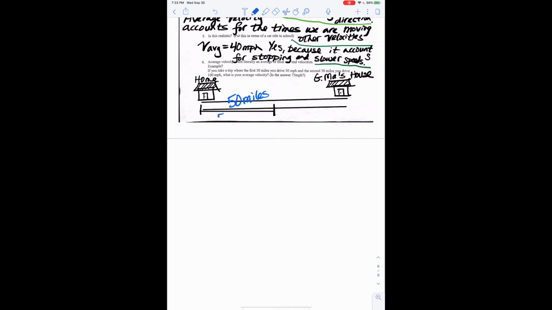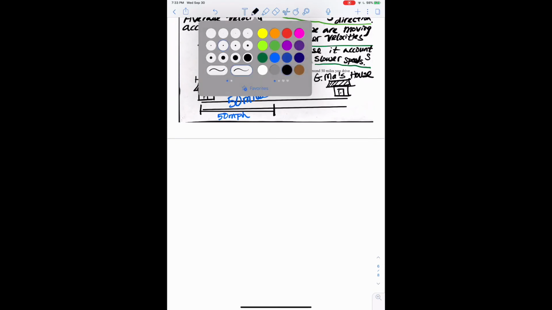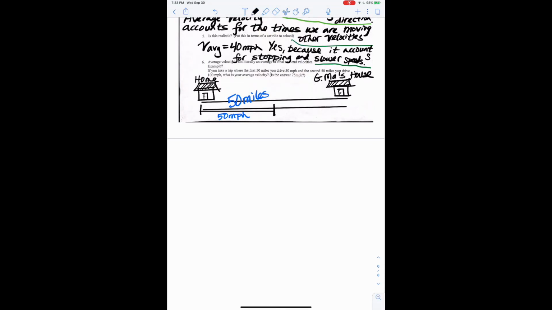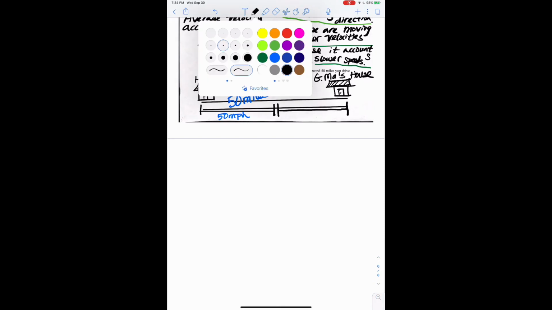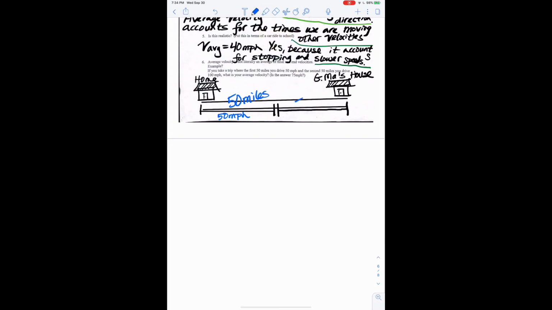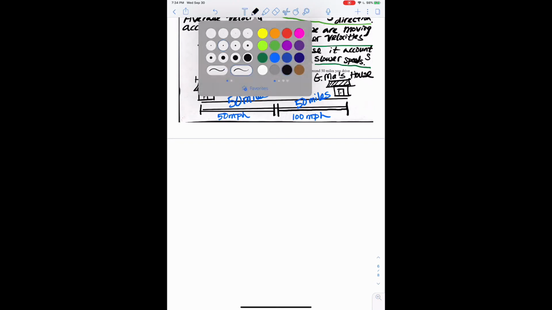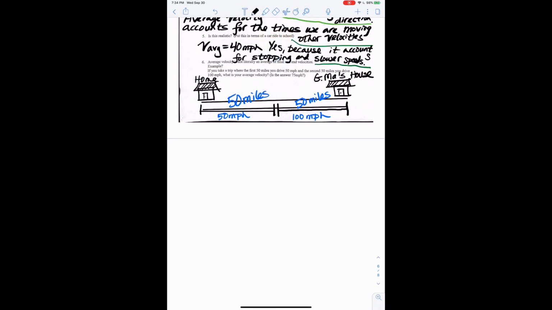And then the second 50 miles, you're going to go 100 miles per hour. You're going to step on it, right? You wouldn't really drive that fast. This is just a fictitious problem here. And then it says, what is your average velocity?